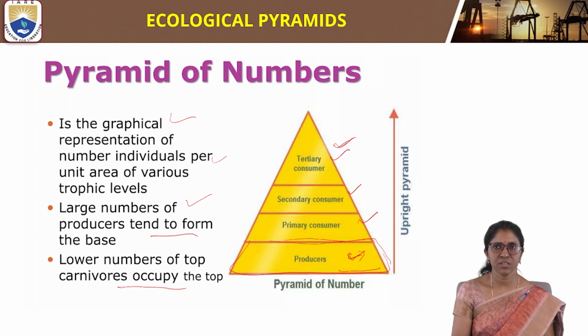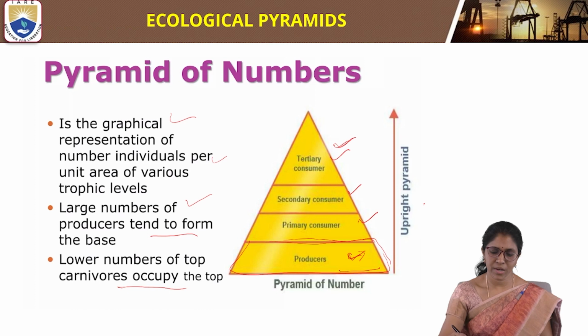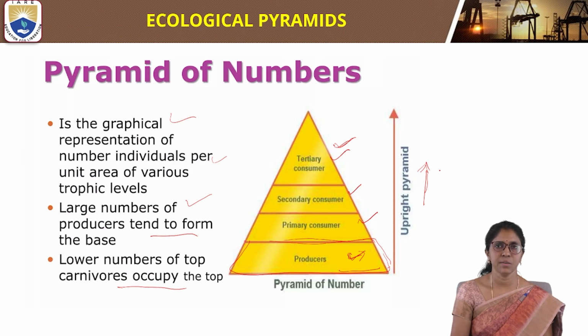So this is the pyramid of numbers. It is an upright pyramid, going from large number to small number. It indicates the population of the individuals per unit area of various trophic levels.